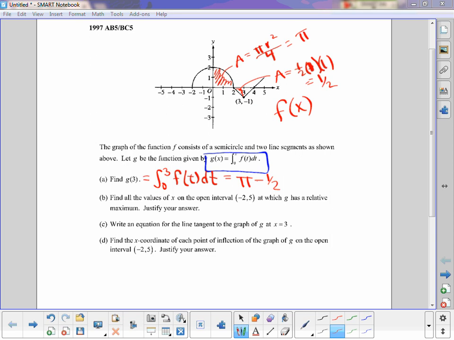Raise your hand if you got that right. Awesome. Okay. Now B says find all the values of x on the open interval at which g has a relative maximum. Okay.